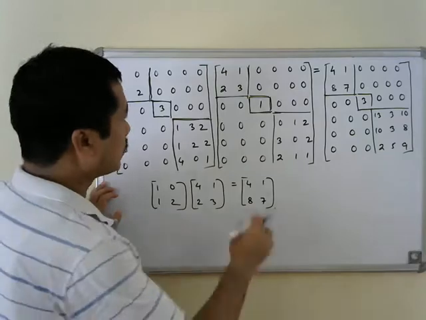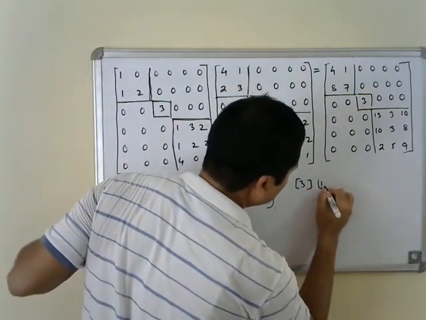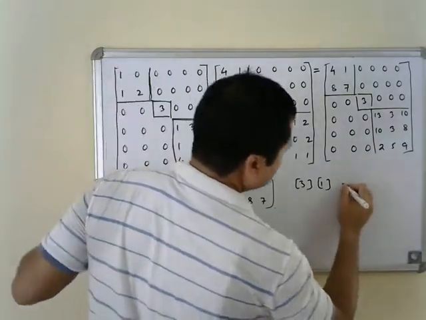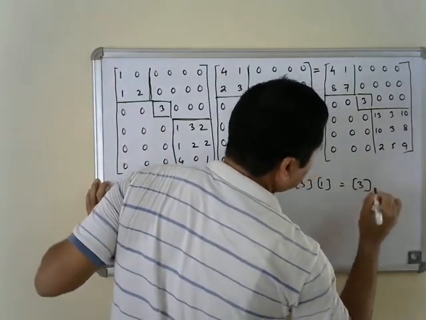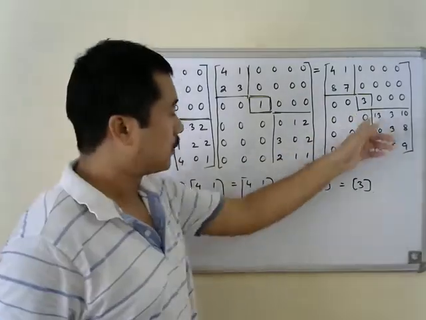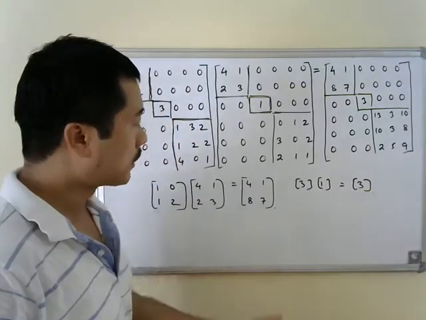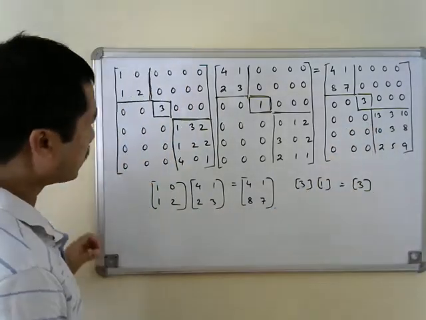It is true also for the second block, as you see that the second block contains only one element. So this is what we get for the second block in the resulting matrix also. We can get it in this way.